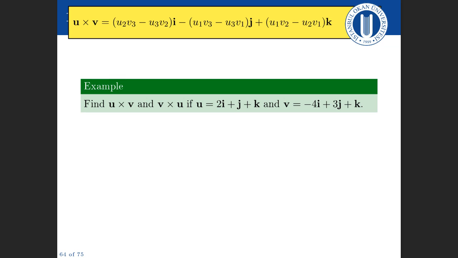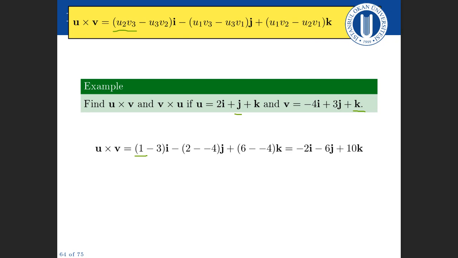For example, find u cross v and v cross u if u is the vector 2i plus j plus k and v is the vector minus 4i plus 3j plus k. So using the formula at the top, first I want u2v3. u2 is 1 and v3 is 1. 1 multiplied by 1 gives me 1.